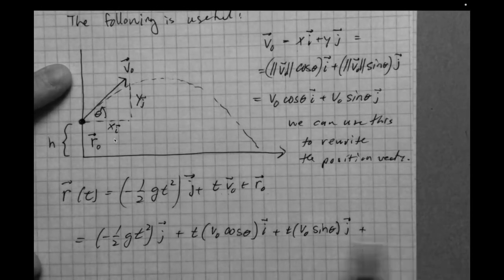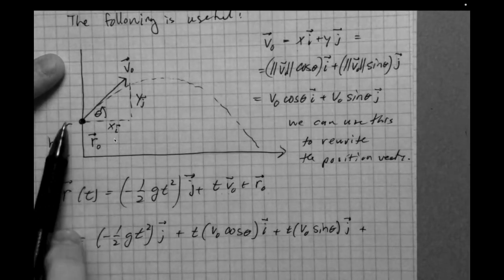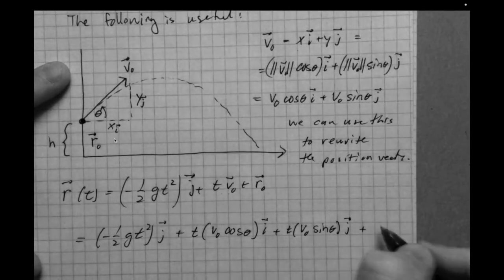And then plus r naught, which is just going to be h times j.